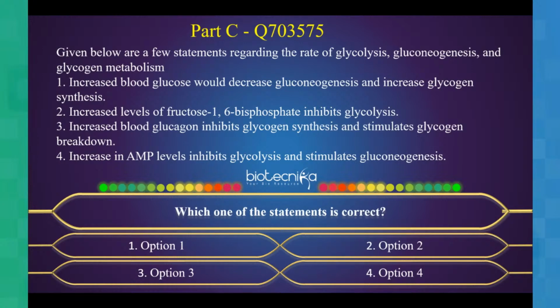Okay, so given below are a few statements regarding the rate of, you got 87. Oh, that's pretty close. I hope you understand what you have to do to increase your marks now, right? So you will have to revise more, and you have to know a lot of concepts.